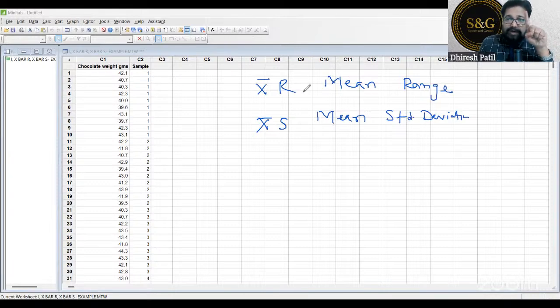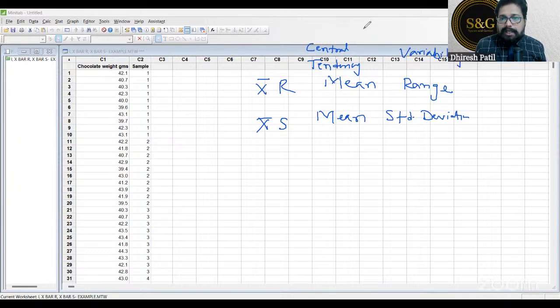So instead of one chart, we are actually plotting two charts, one for the mean and one for the range. If you observe closely, the mean is checking the central tendency, and range and standard deviation are checking the variability.